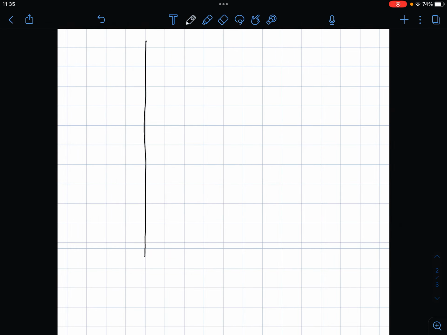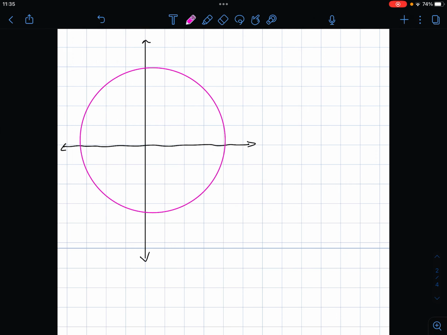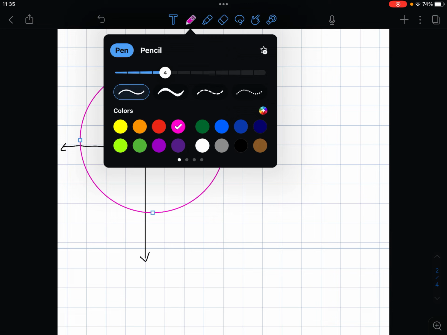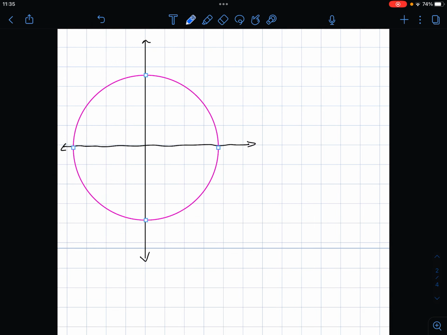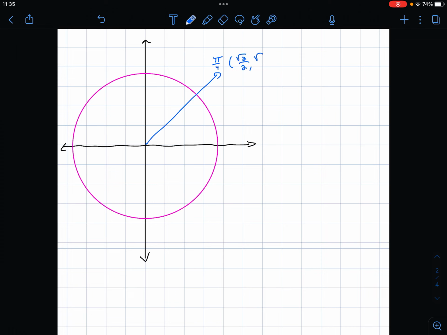So just to summarize here, if we just look at this as memorization of the unit circle, or being very fluent and being able to do these kind of things on the unit circle, let's pretend this is the unit circle. Say this is pi over 4 in radians, and my x comma y is going to be root 2 over 2 comma root 2 over 2.